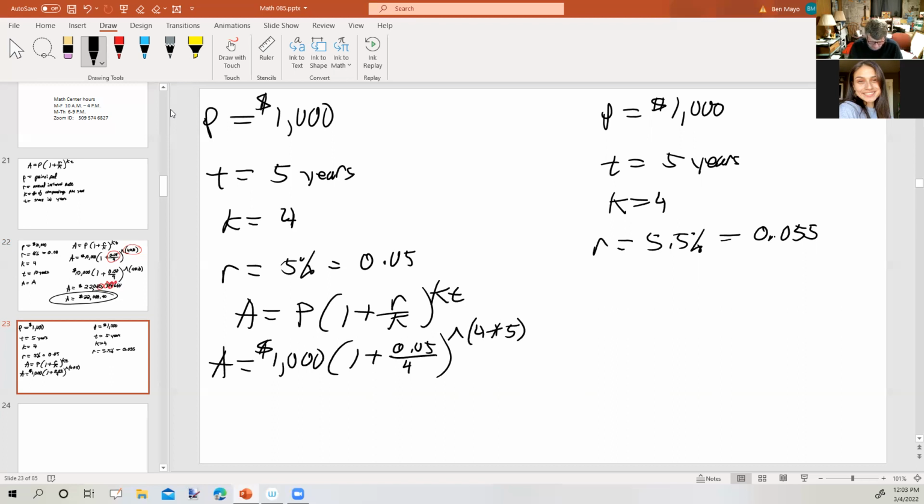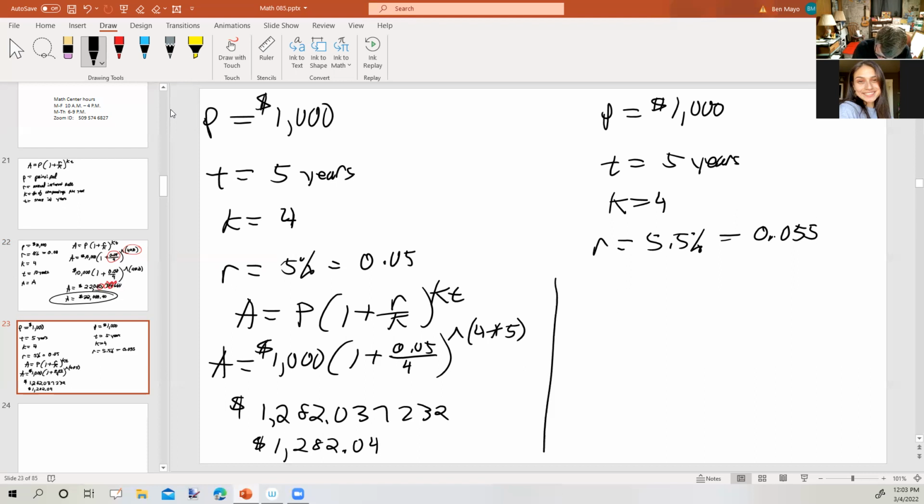Okay, so 1,000 parentheses 1 plus 0.05 divided by 4, close parentheses, the caret or power key, parentheses 4 times 5, close parentheses. I get 1,282.037232. So to the nearest cent, $1,282.04.